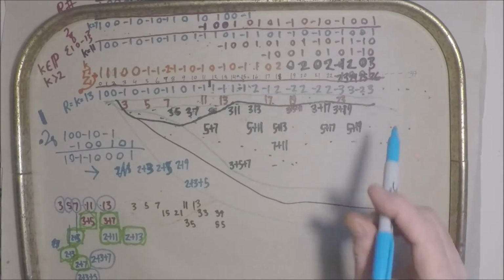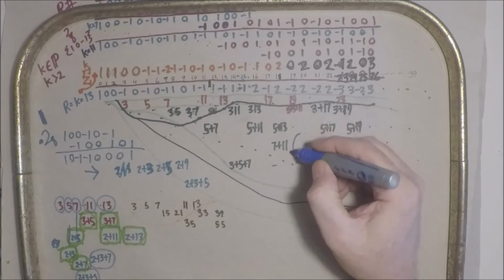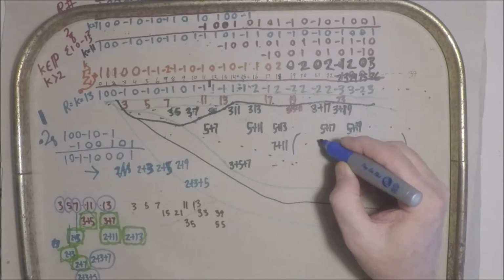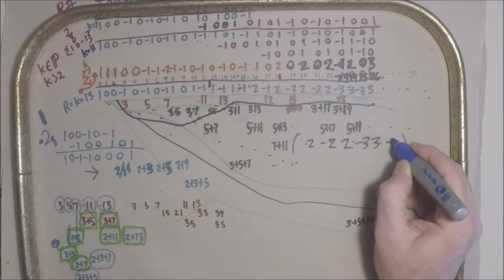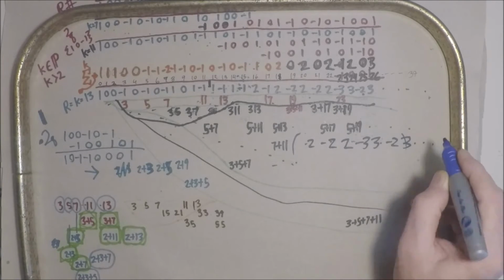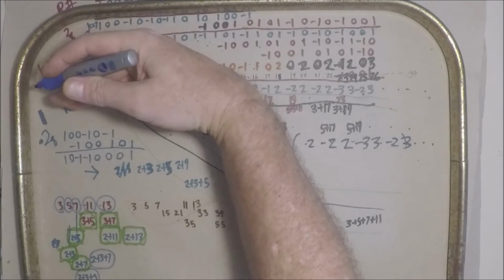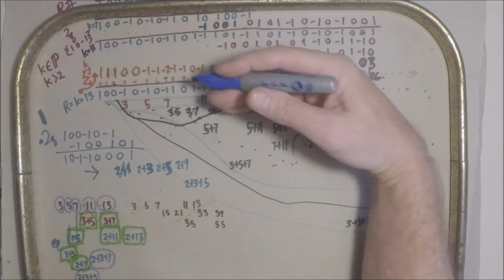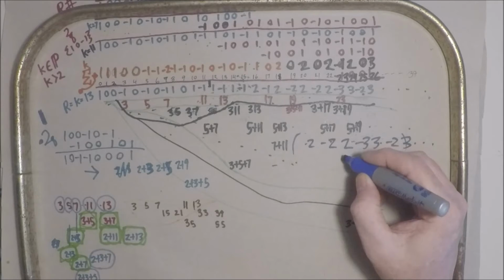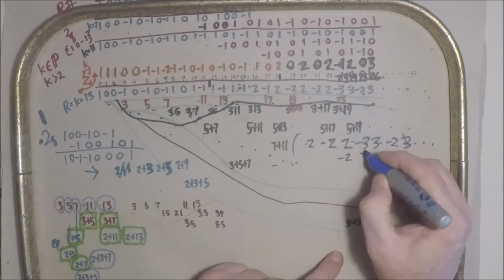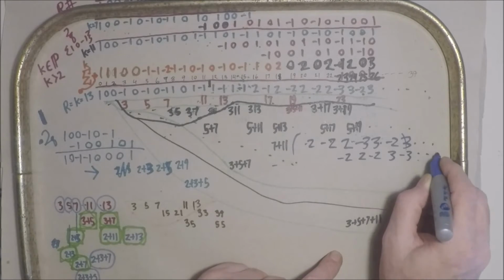If we have numbers up here, just like this section here, let's say, and we have a 2, negative 2, 2, negative 3, 3, negative 2, 3, when we negate, when we multiply this by negative 1, take a copy, multiply it by negative 1, shift it over 2, then we're getting negative 2, 2, negative 2, 3, negative 3, etc., like that.